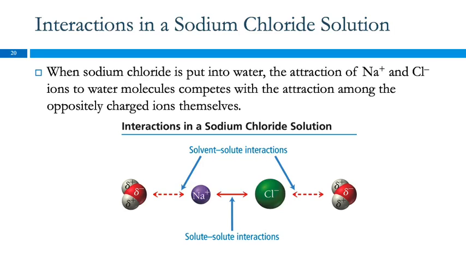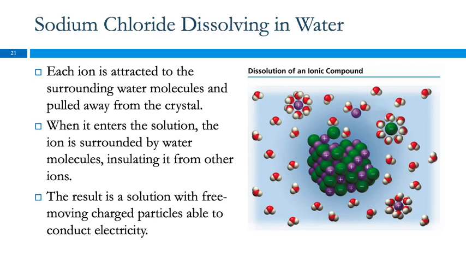Then all those little attractions add up, and they can add up to be greater than the attraction for the sodium. So each of these ions basically gets surrounded by water molecules, pointing the end that's attractive to that ion. And over here is the negative chloride ion being attracted and surrounded.